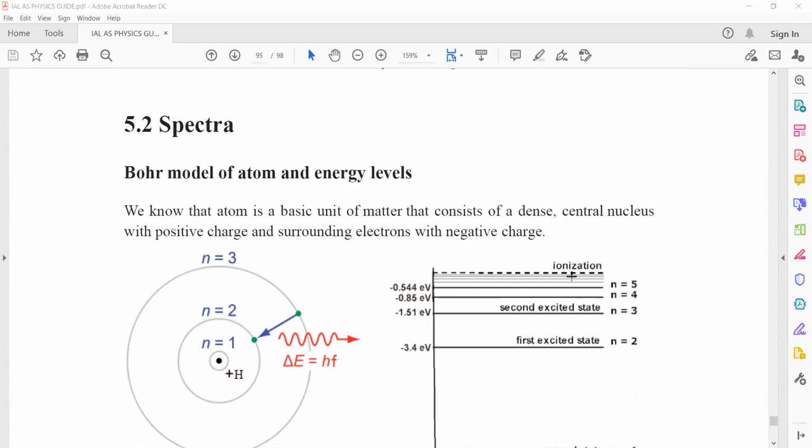Then we have spectral lines or spectra. Basically, there are two types of spectra. Spectra here refers to a color or a band of color. So there are two types of spectra.